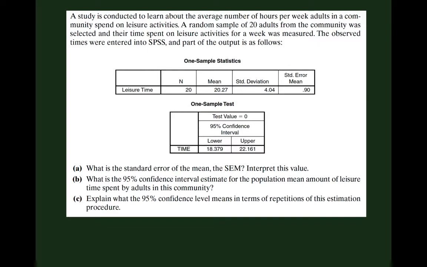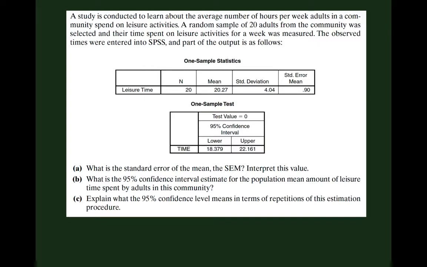Anytime we restrict the interval's width, we're going to bring in some perhaps very small but non-zero chance that we've missed the population mean with our confidence interval estimate.